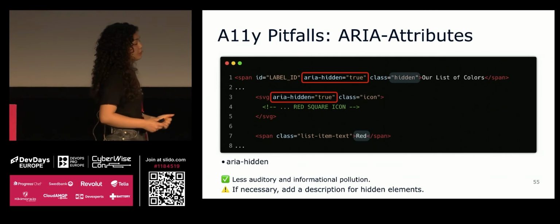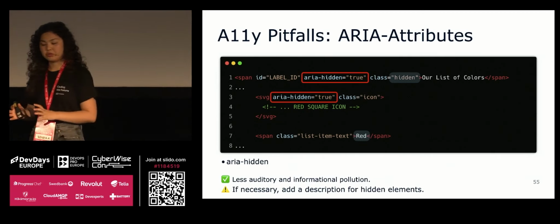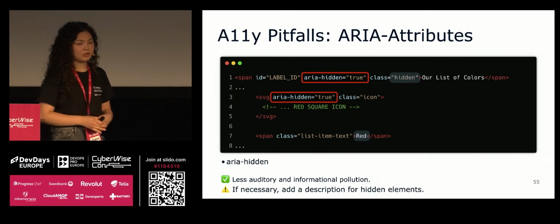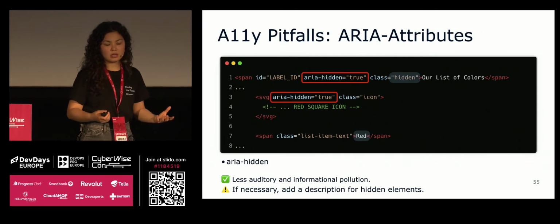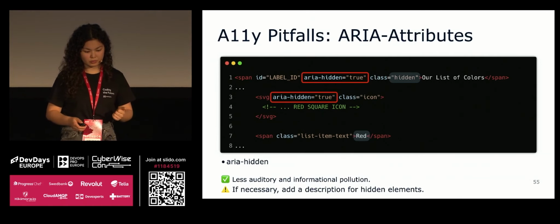The idea is that whenever the screen reader focuses on an item, it should read simply the name of the element. We don't need to know if there is an icon or anything else inside. So that's the reason why I'm hiding the SVGs also.